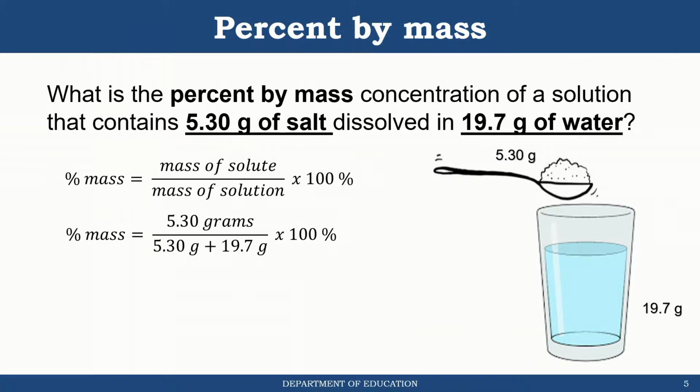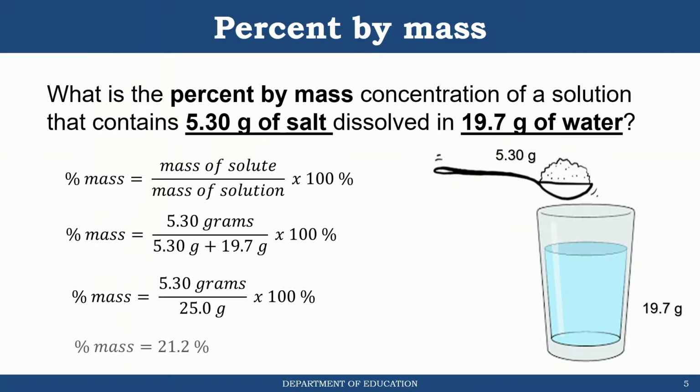Take note that the mass of the solution is the mass of the solute plus the mass of the solvent. We have here the percent by mass is equal to 5.30 grams divided by 25 grams times 100%, that is 21.2%.